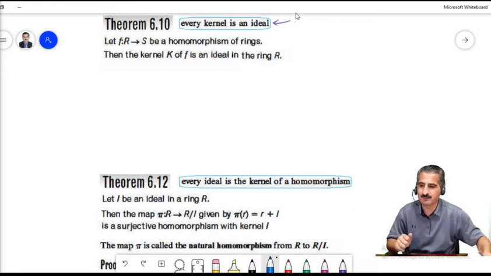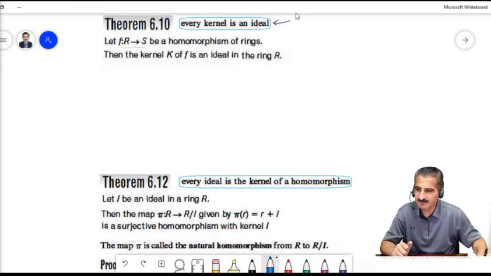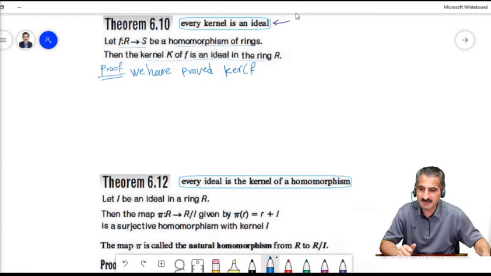Every kernel is an ideal. So we will prove it. Let f from R to S be a ring homomorphism. Then the kernel of f is an ideal. Okay, prove it. Sorry, not a subring yet.